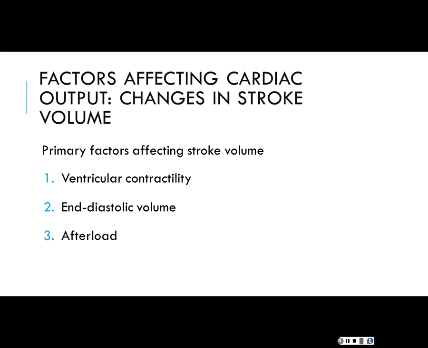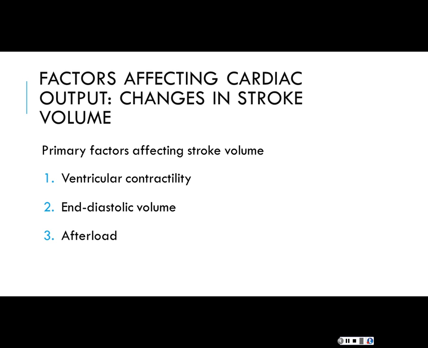Right? The probability of you exiting is better. So it's inverse. So these are the 3 things that have a direct influence on changing the stroke volume.